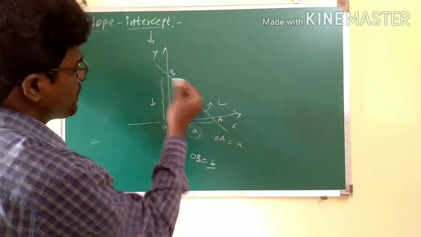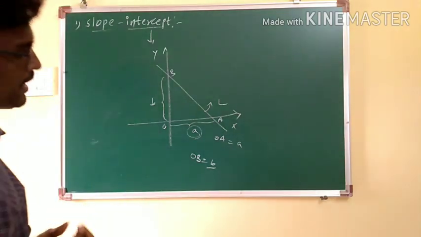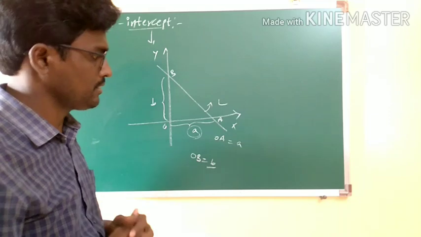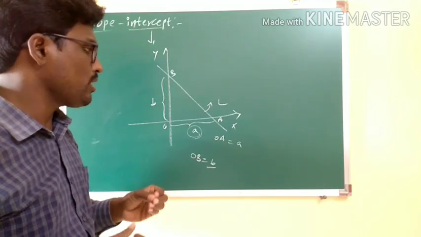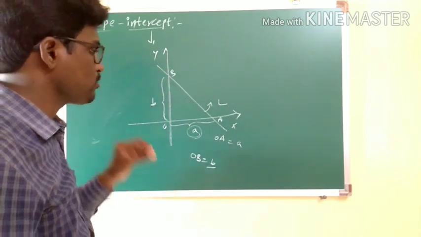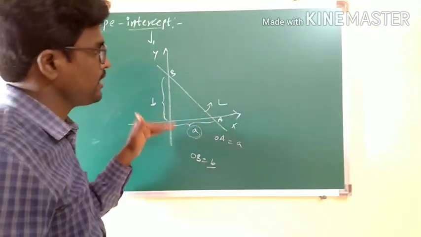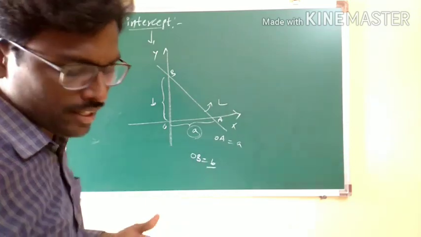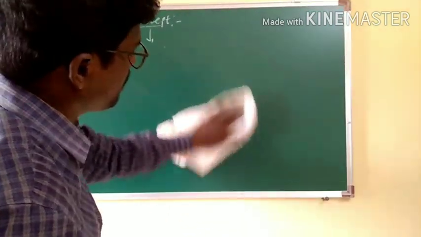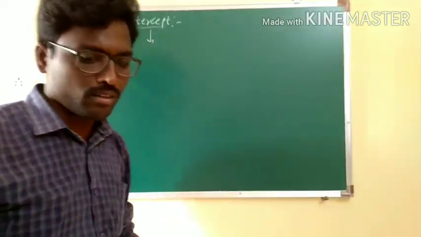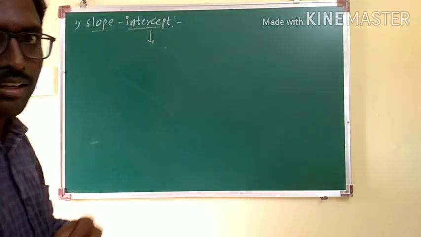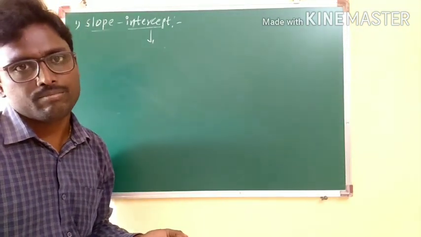Here a and b are said to be the x-intercept and y-intercept on the x-axis and y-axis respectively. You take the distance from the origin to the point where the line cuts the x-axis and y-axis. Here we will be talking about the slope intercept form, in which you find the slope m and the y-intercept c.